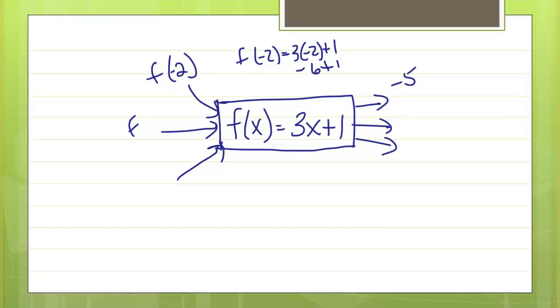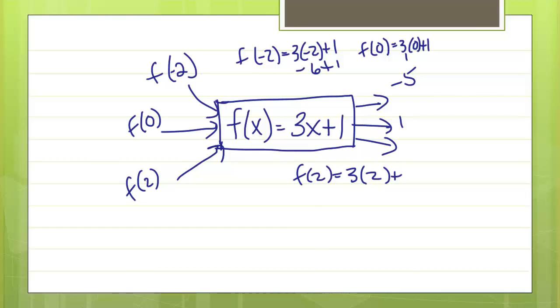When I put f of 0 into it, when I put 0 in place of the x, I get 1. When I put a 2 into it, I get 7.